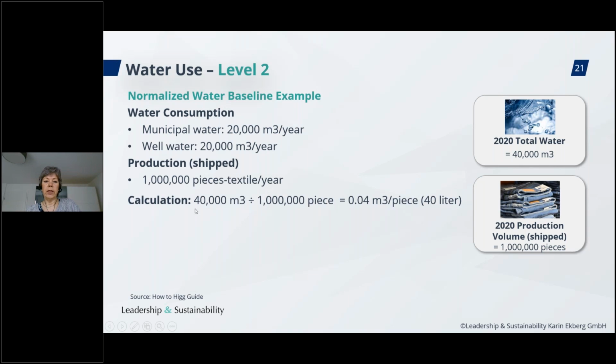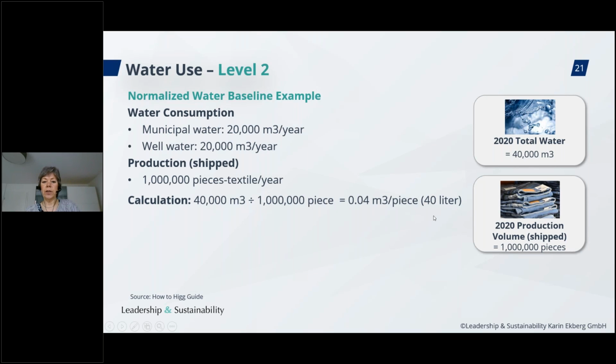And then the calculation is 40,000 cubic meter divided by 1 million gives us 0.04 cubic meter per piece, which is 40 liter.